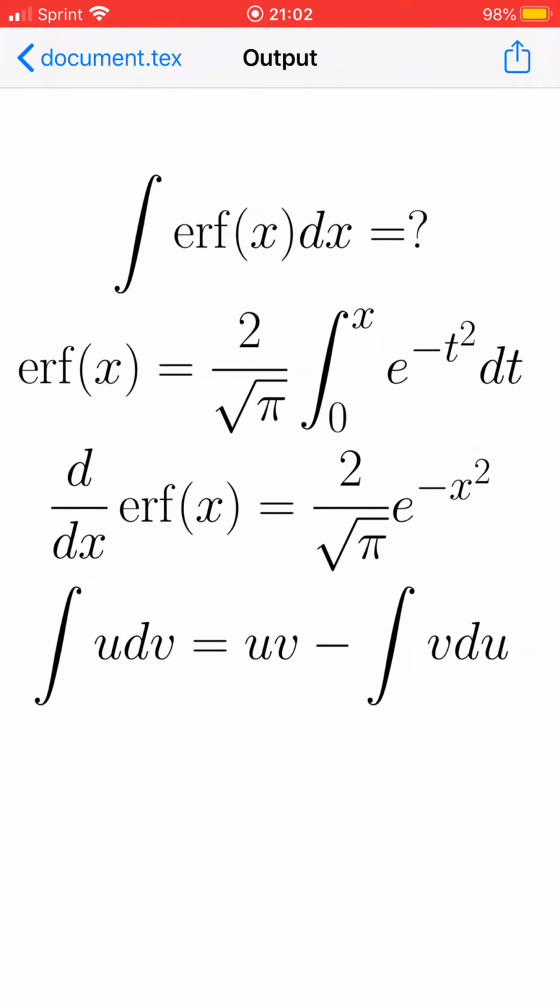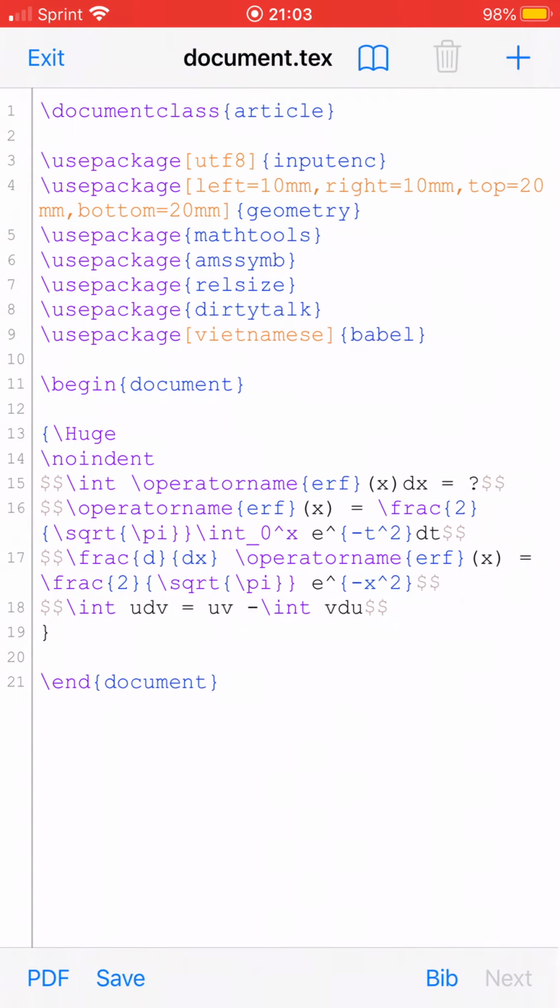Alright, moving on. Get back to the main point here. So to find the antiderivative of the error function, we will use the integration by parts, and we'll choose u equals error function of x and dv equals dx. So I'm gonna write down that first.